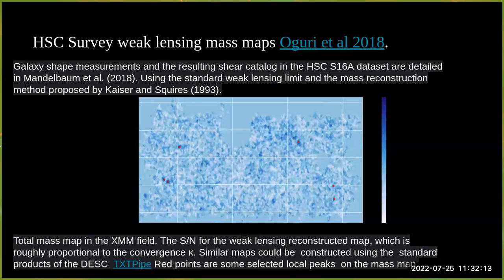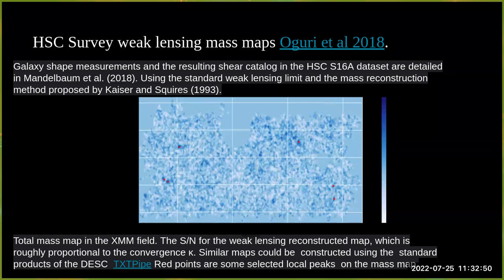Here I show the total mass map in one of the fields of this survey. And the signal here coming from weak lensing maps is roughly proportional to the convergence. The point here is that similar maps will be constructed with standard products of the TXPipe pipeline.